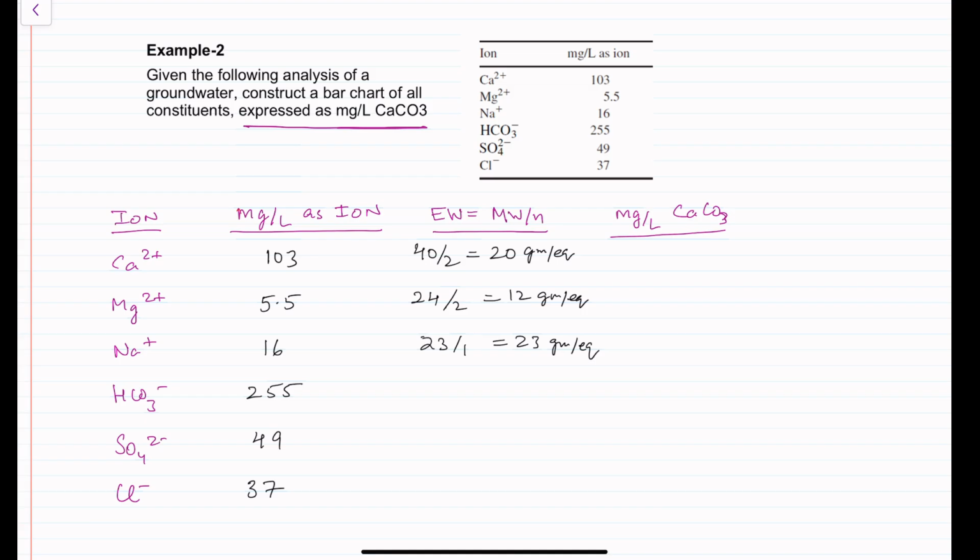And for bicarbonate it would be 61 divided by 1. Sulfate, I would let you calculate the molecular weight, but if you do that, sulfur is 32, oxygen is 16, so 16 times 4 is 64, plus 32 gives you 96 by 2, that would be 48.